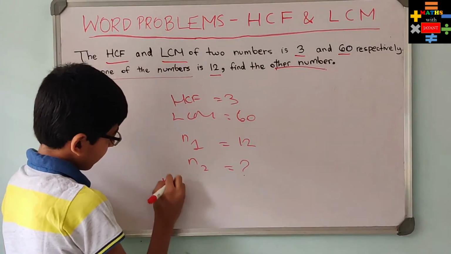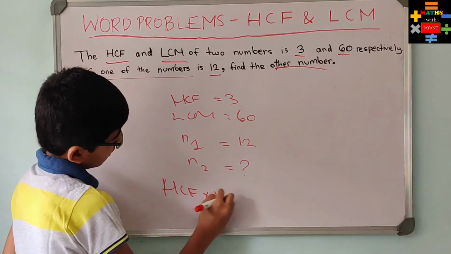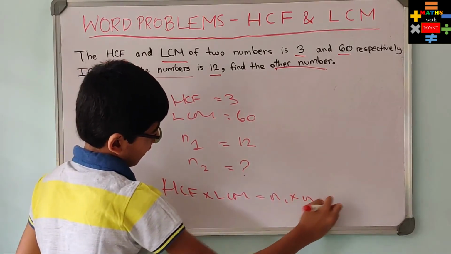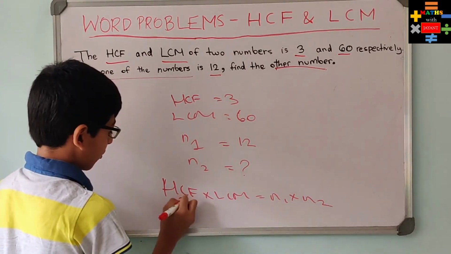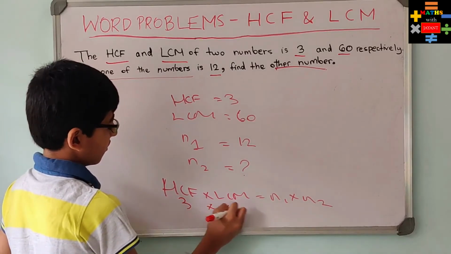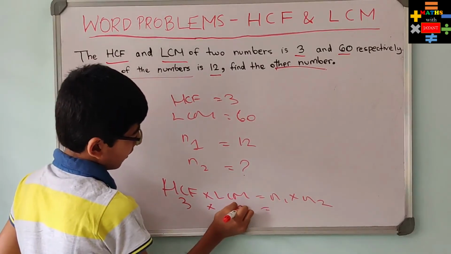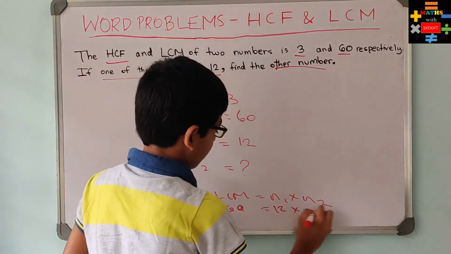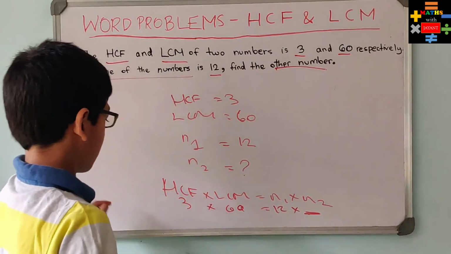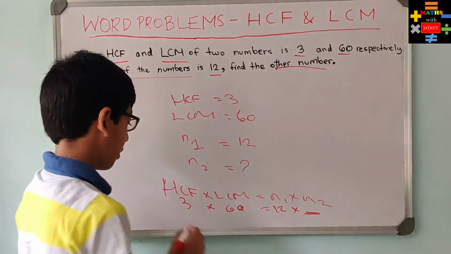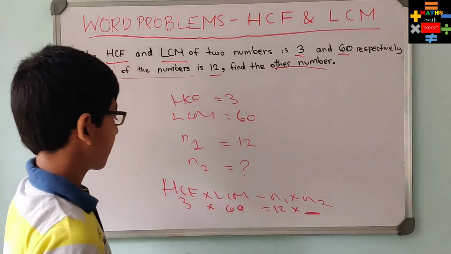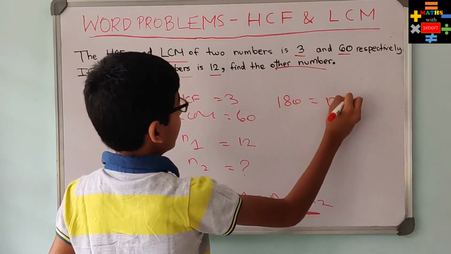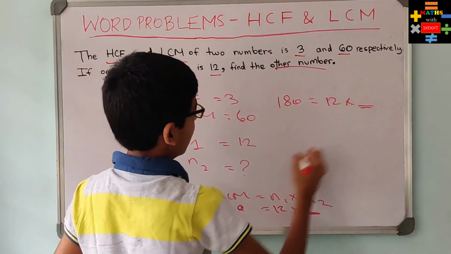So using our formula, that's HCF into LCM is equal to the first number into the second number. We know 3 of the values. The HCF is 3, the LCM is 60. The first number is 12 and the second number is not known. So 3 into 60 we know, so let us multiply that. 3 into 60 is 180 and 180 is equal to 12 into the other number.